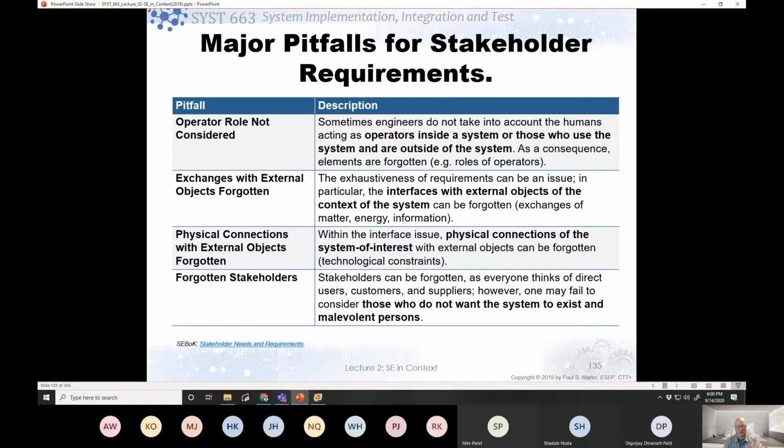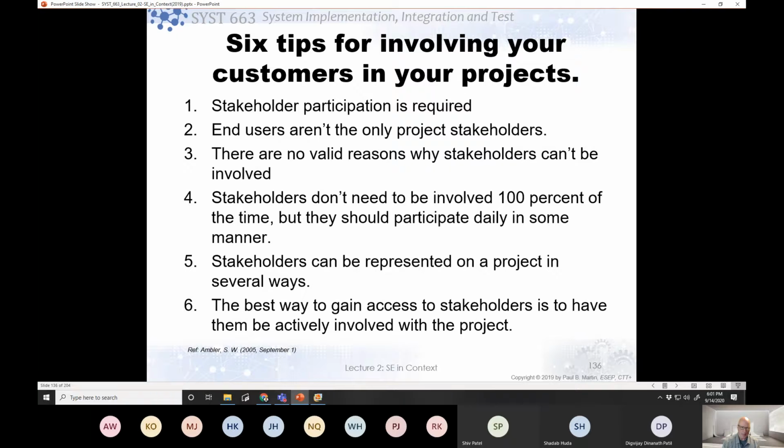And don't forget external objects, and especially forgotten stakeholders like those who may actually not want your system to exist. What are their aspects that you may have to take into account, and may become a requirement to prevent those malicious actors from harming your system.